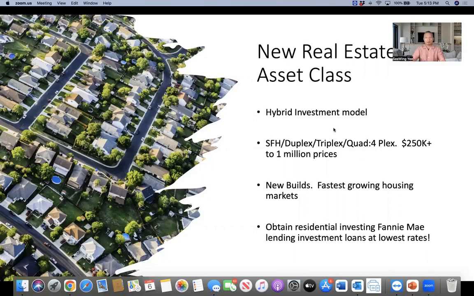This is a hybrid investment model. The key is, before I go to the PowerPoint, you will continue to invest for the long term. This is a traditional, very historical business model. The tenants you're going to get are long-term tenants.